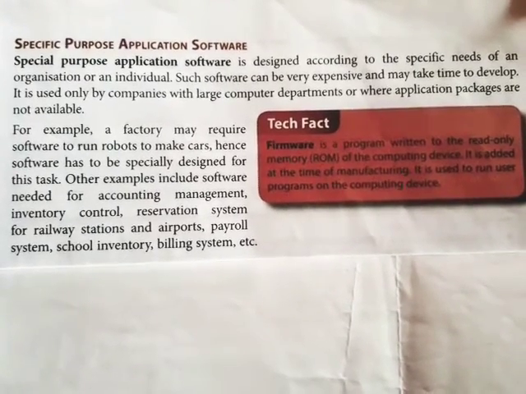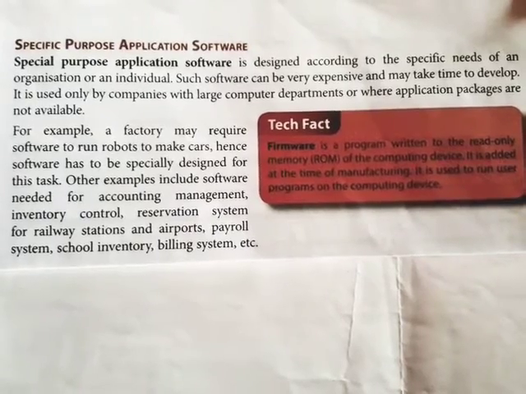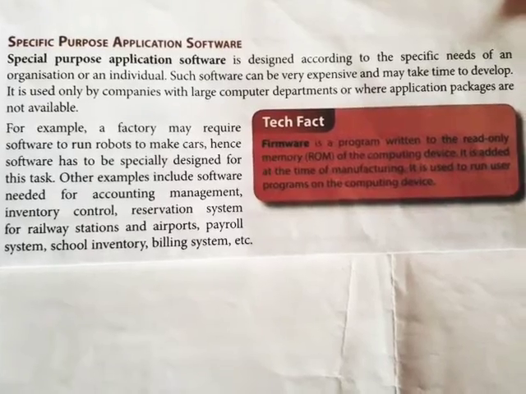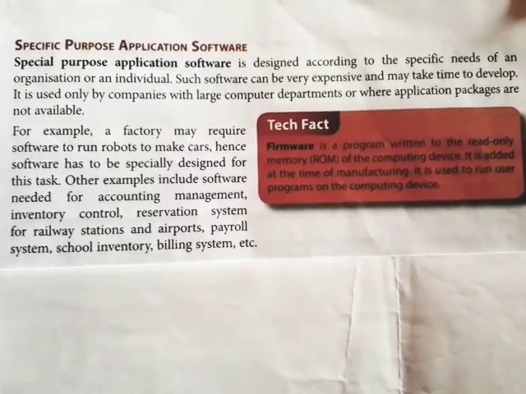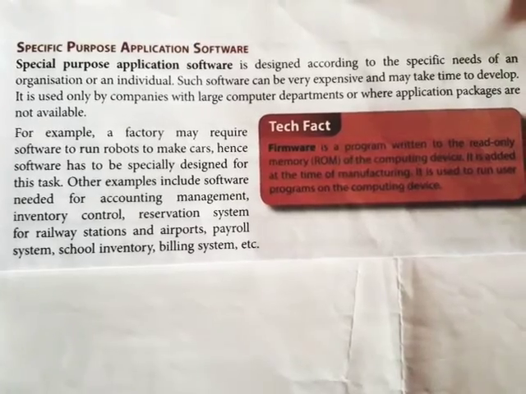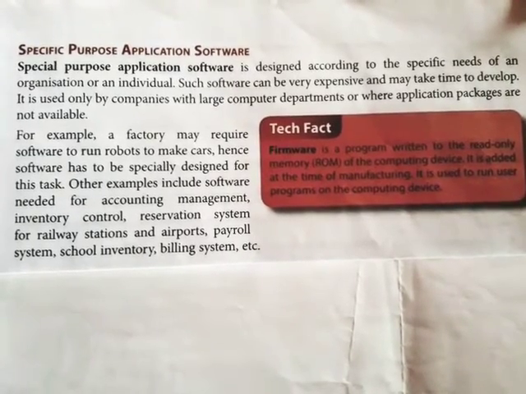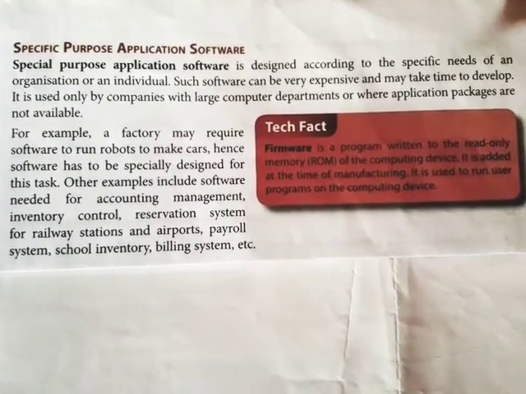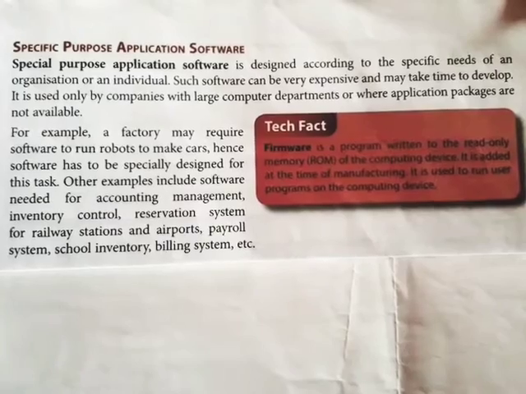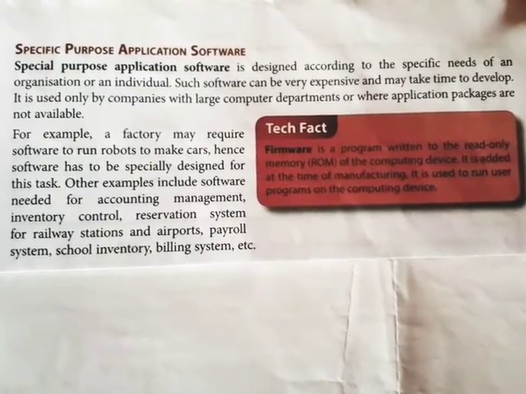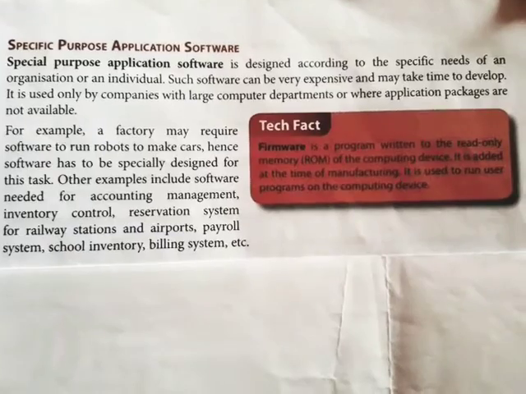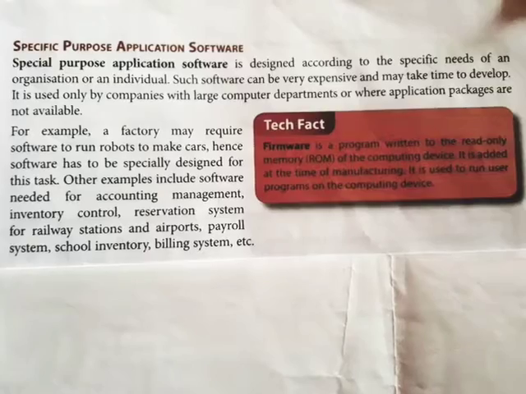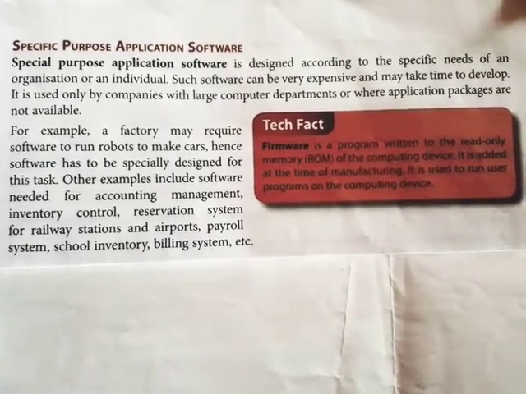For example, a factory may require software to run robots to make cars. Hence, software has to be specially designed for this task. Other examples include software needed for accounting management, inventory tool, reservation system for railway station and airports, payroll systems, school inventory, billing system, etc. So dear students, these are the examples of some specific purpose application software.